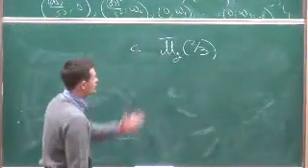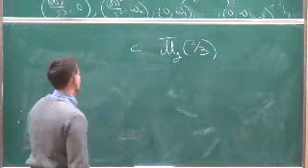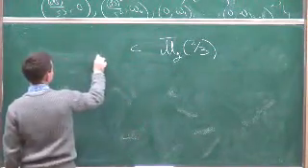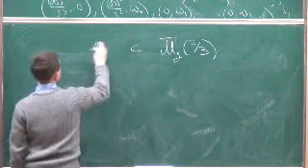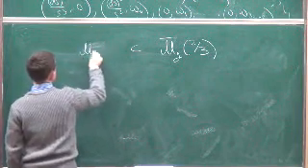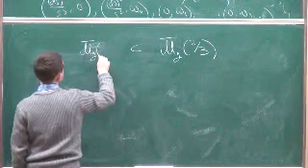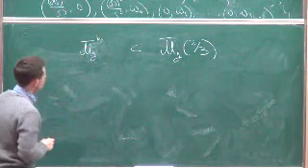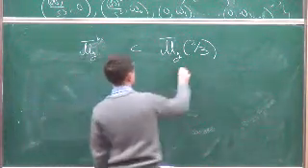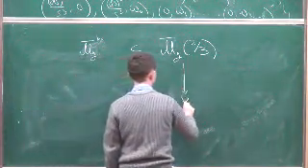We have the stack. It's clear from the definition that h semi-stable curves are in the stack. So we have here an open inclusion. There is a good moduli space Y.